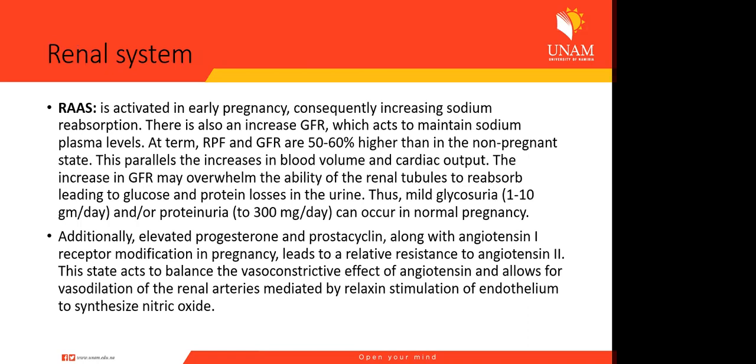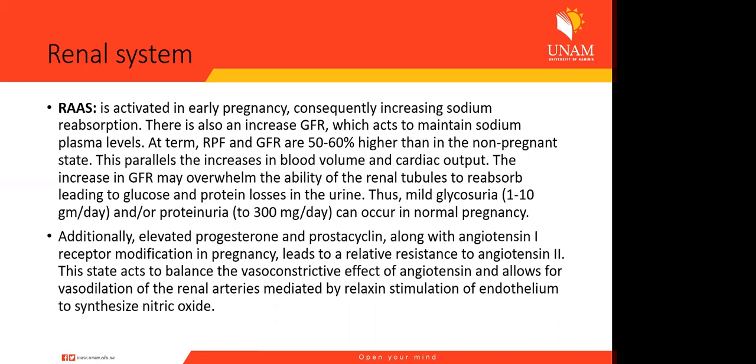In the renal system, the activity of the renin angiotensin aldosterone system is activated early in pregnancy. With increased production of aldosterone, there's increased sodium reabsorption. But the good thing is that there's also about 50 to 60% increase in renal plasma flow and glomerular filtration rate, which helps to maintain sodium plasma levels.